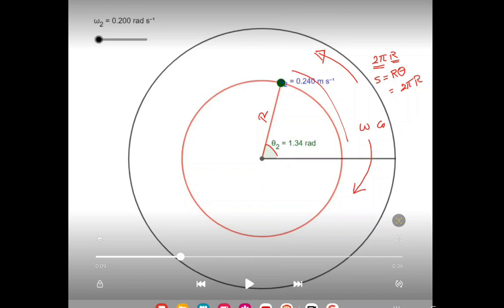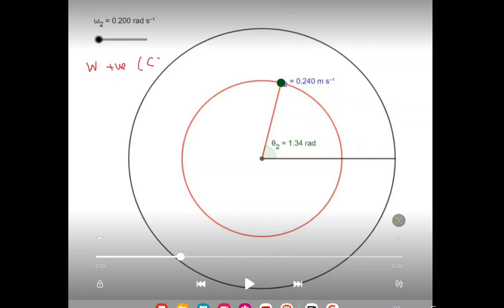Let's mention this here: omega is positive if the particle moves counterclockwise, and omega is negative if the particle moves clockwise. In either case, the angular velocity does not depend on the particle position.